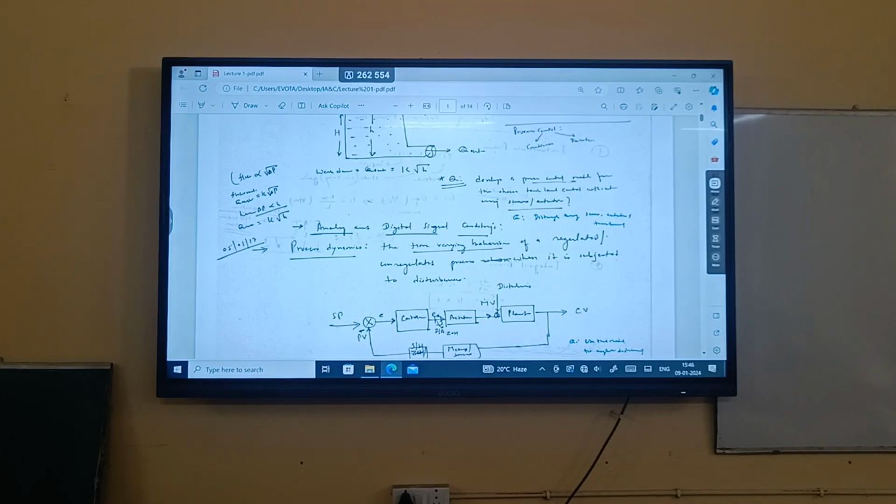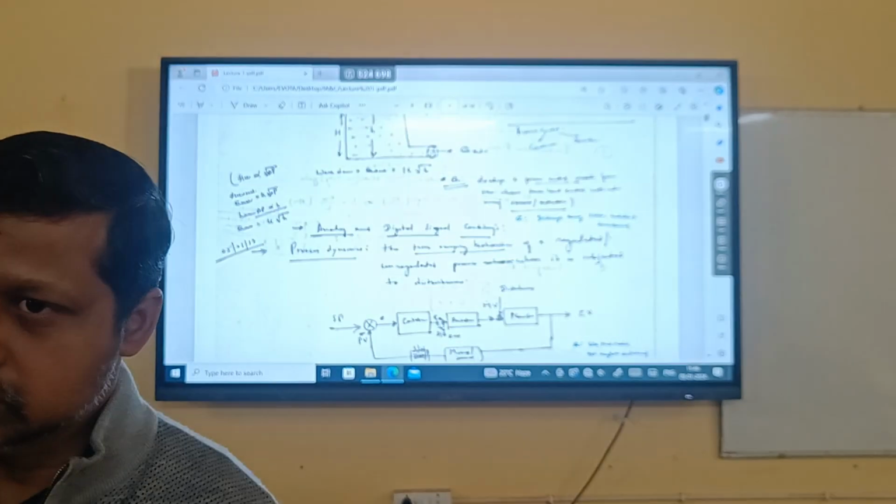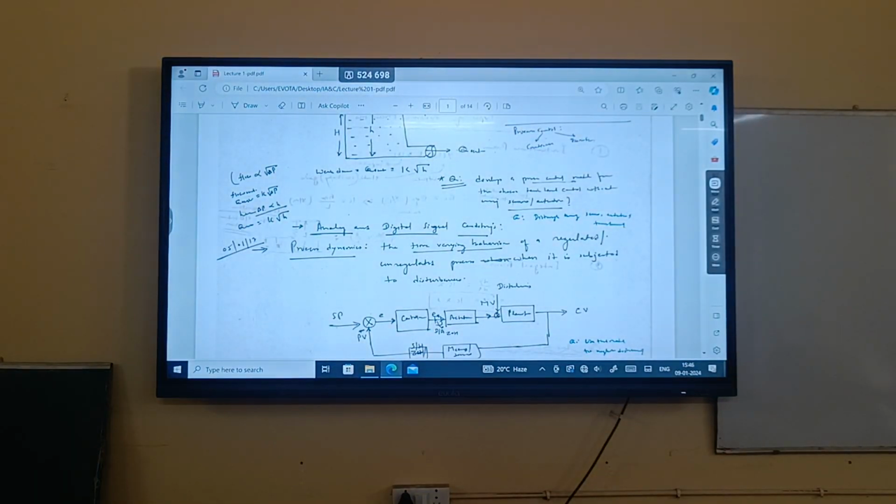If you need to process a huge amount of data, then probably your microprocessor is also insufficient, and in that case you will go for data processors, normally called DSP. Remember, the abbreviation DSP is also used for digital signal processing. One DSP can probably do the work of hundreds of microprocessors. But it depends on what kind of volume of data you have to deal with at the end of the day. These are all digital in nature.